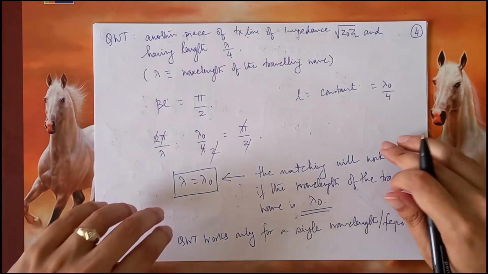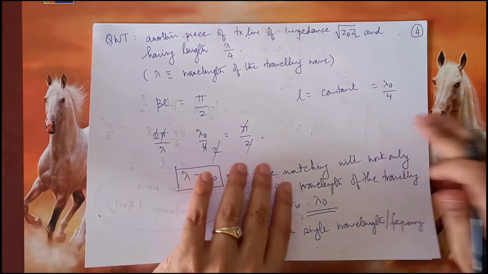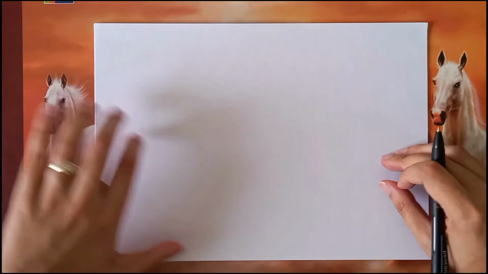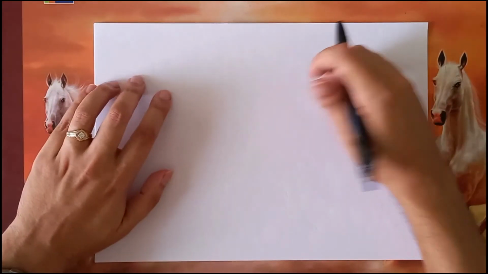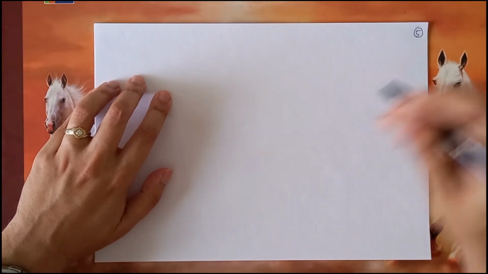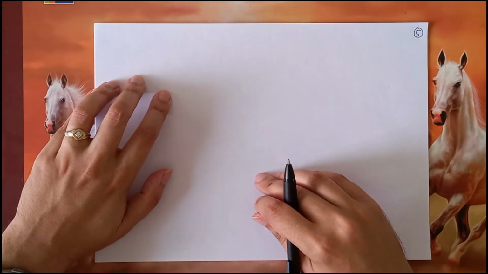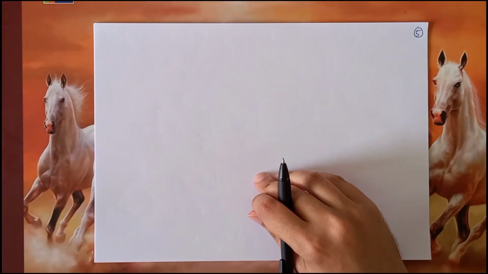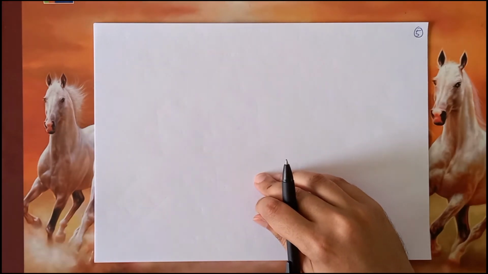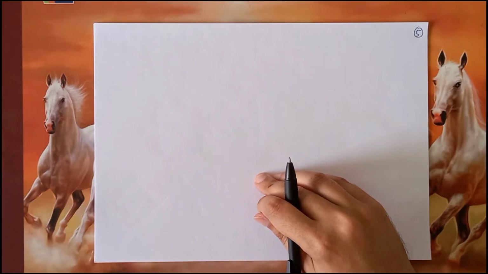In the previous lecture, we had looked at the transmission lines from a transient or a time domain perspective. Let us look at this quarter wave transformer also from a time domain perspective.